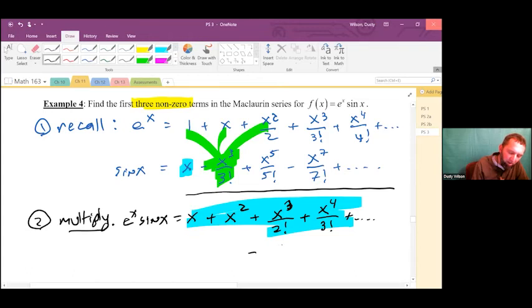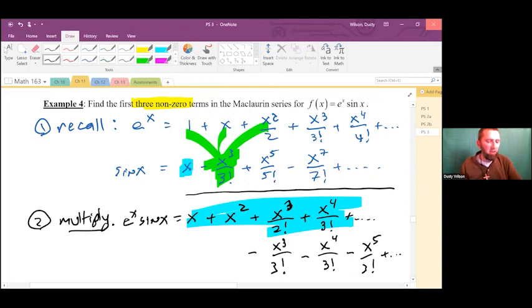So this would be minus x cubed over 3 factorial, and then minus x to the 4th over 3 factorial, oh wait, sorry, these are all minus. Minus x to the 5th over 3 factorial, and so on. And I think you're getting the picture, but let's do one more.